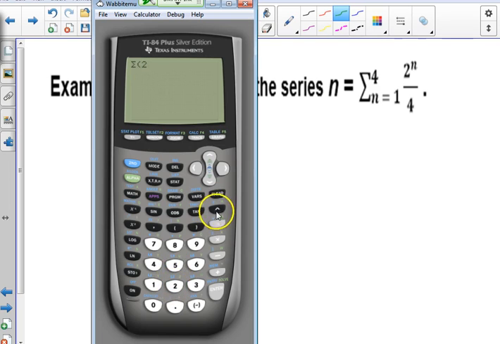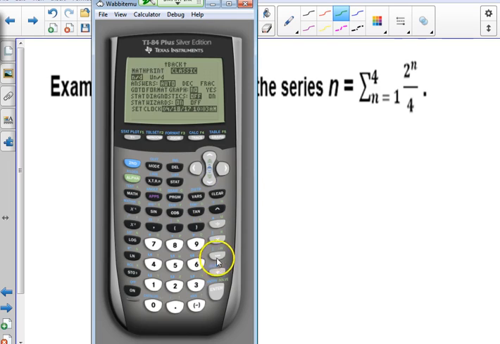It might do it. 2 to the n, I'm just trying this off the top of my head, divided by 4, comma, 1, comma, oh, maybe n. Yeah, I'm trying the old one. Hang on. I don't know if this is even going to work. Oh, let's see if it works. Okay. I got 7.5 doing it with the old one.